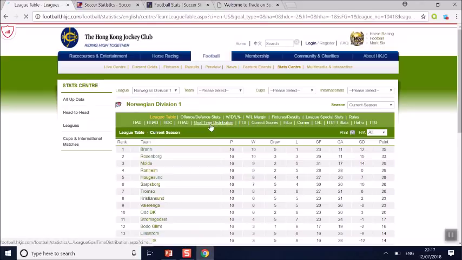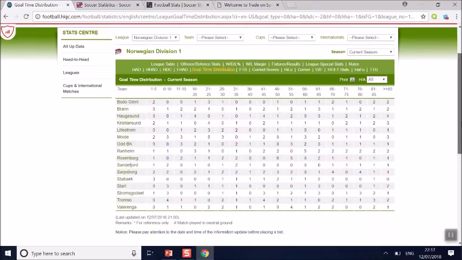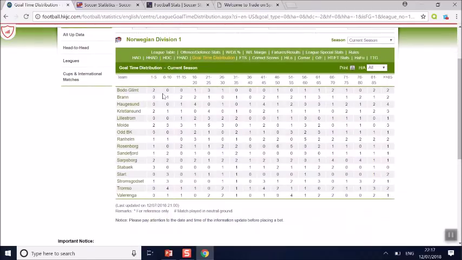And if I go to goal time distribution, what you'll find is that it actually gives you the numbers of goals scored by each team within 5-minute intervals. So first to 5 minutes, and it goes all the way down to 81st to 85th minute, and then beyond 85 minutes.